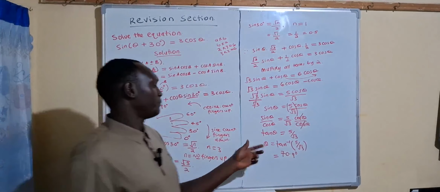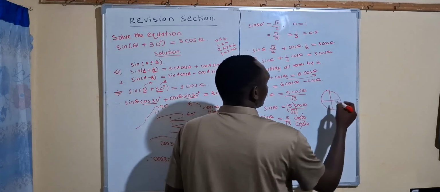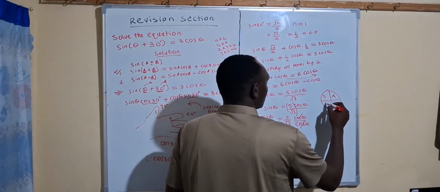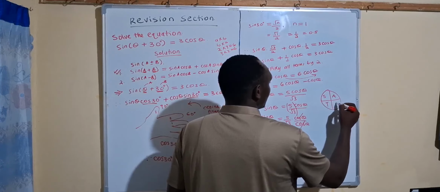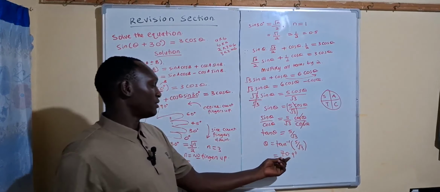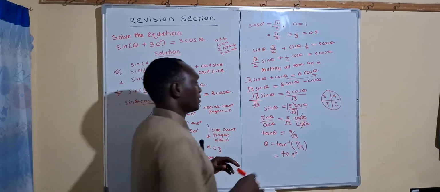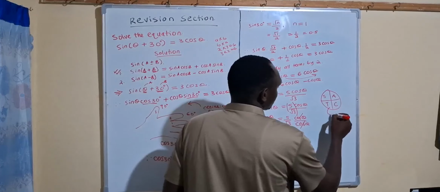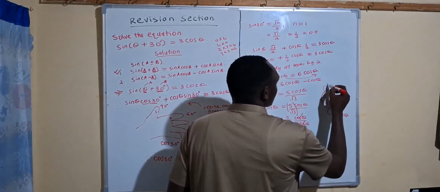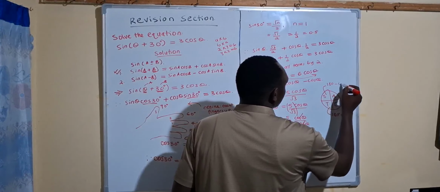But you know that in these quadrants showing angles, here all are positive. Here only sine is positive. Here only tan is positive, and here only cosine is positive. So this angle is in the first quadrant. If we are to get the angle where tan is positive, for this side we say it is 180 plus theta, but here we say it is 180 minus theta.